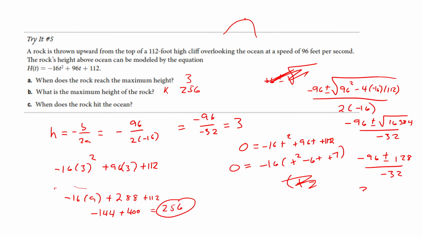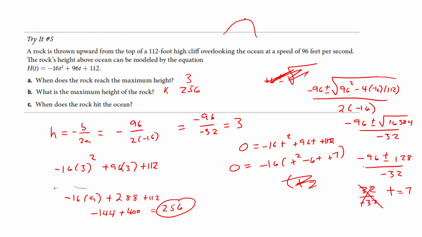I get 32 over negative 32 when I add it. That's going to get me negative 1, so I don't want a negative time. But let's do negative 96 minus 128. If I subtract 128, I get negative 224. I'm going to divide that by negative 32. I get t is 7.